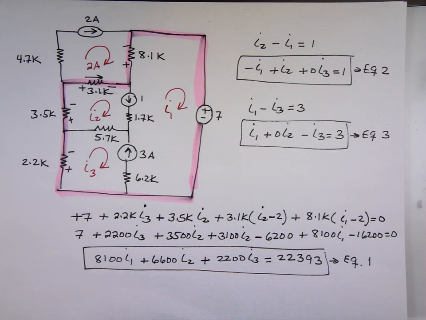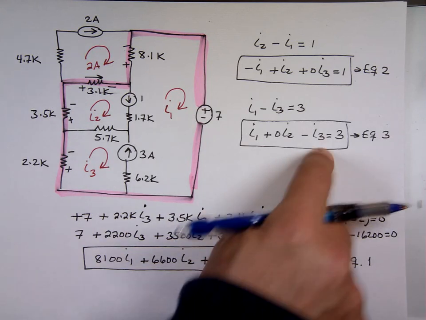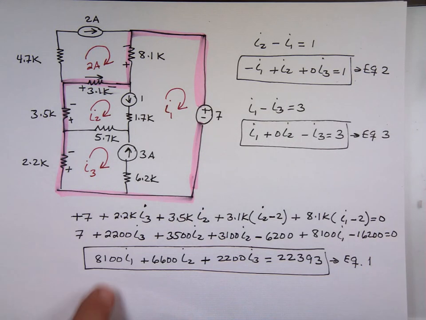The second one: 1, 0, negative 1, 3. The last one: 8100, 6600, 2200, 22,393.